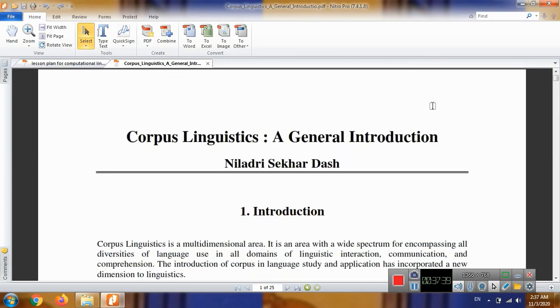Okay, in this session we introduce you to an article whose title is Corpus Linguistics, a General Introduction by Niladri Sekhar Dash.